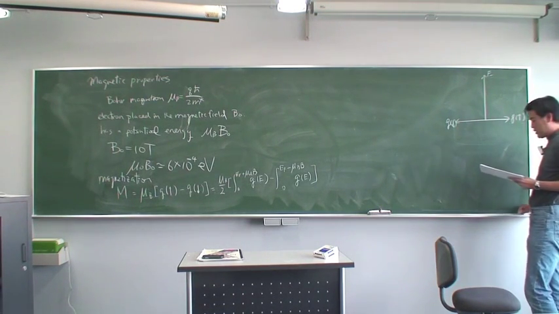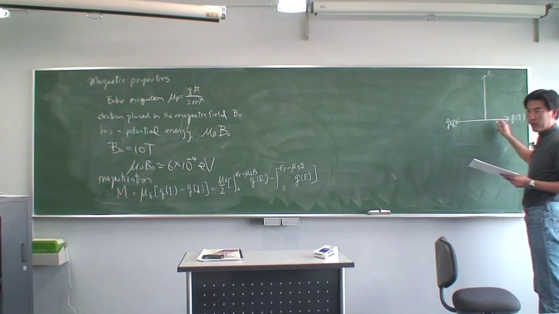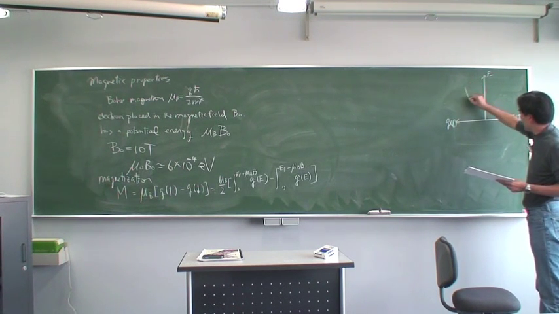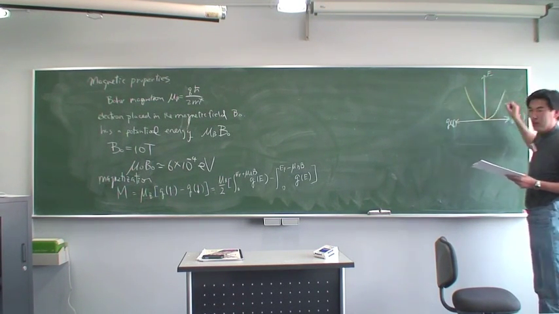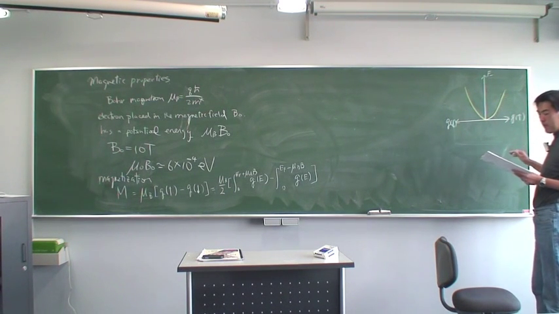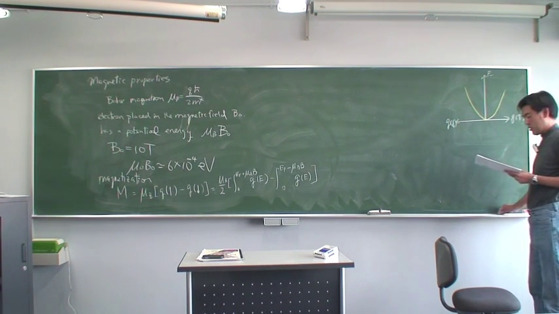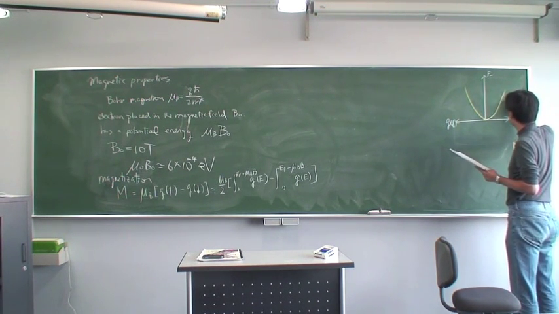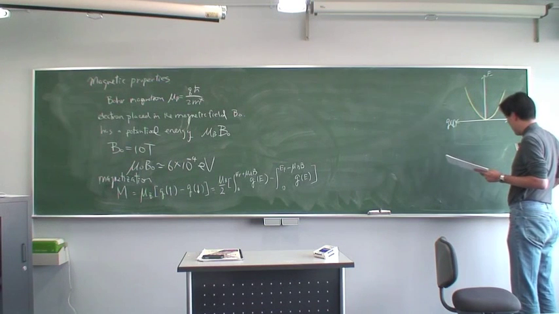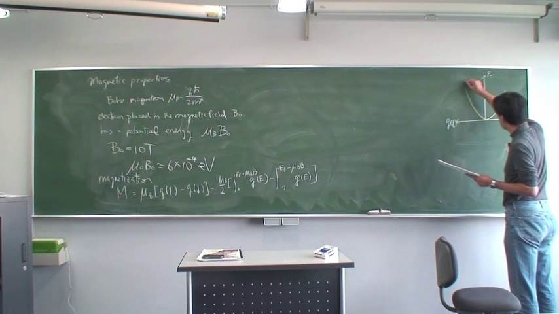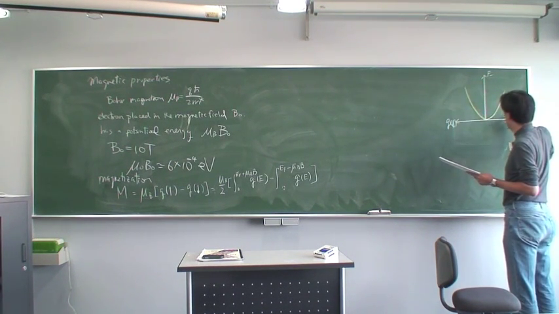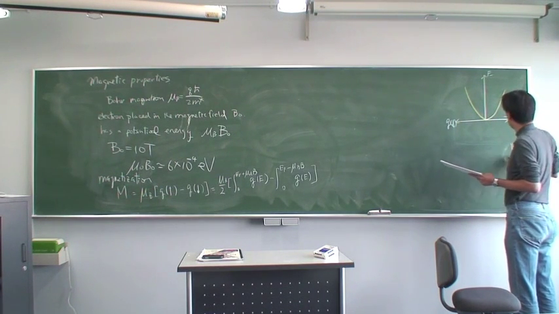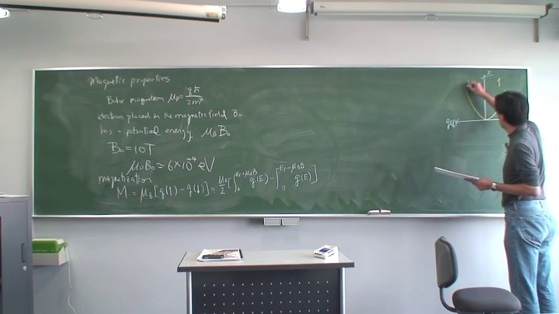So what you get is the following. Without a magnetic field it is the same, right? But with a magnetic field, for example, with the magnetic field in this direction, then you get something like this, so this is up and this is down.